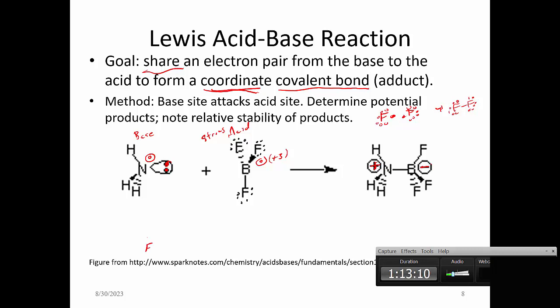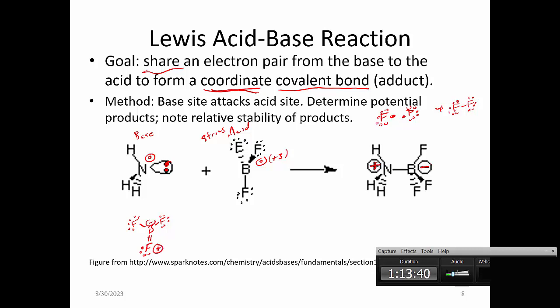So if fluorine decided to donate one of its lone pairs, so it only ends up with 2, then boron will be very happy, because now boron will have an octet. But this fluorine will be very unhappy, because it's essentially donating an electron to boron.